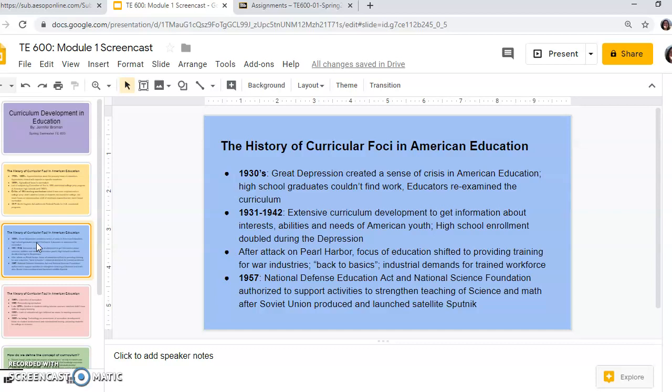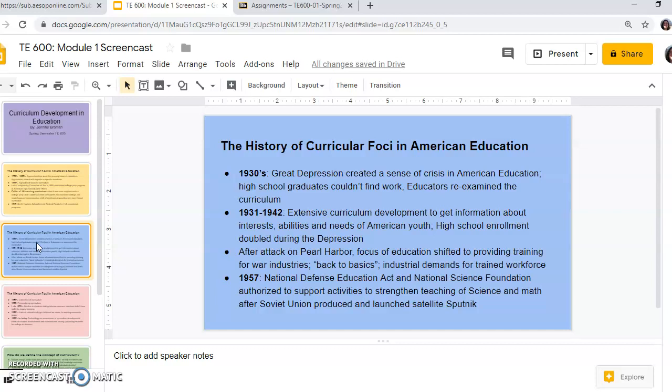And in the period between 1931 and 1942, there was extensive curriculum development to get information about interests, abilities, and needs of American youth. High school enrollment doubled during the Depression because students weren't getting work after high school, so they were seeing people that weren't getting work, and they realized the importance of education.